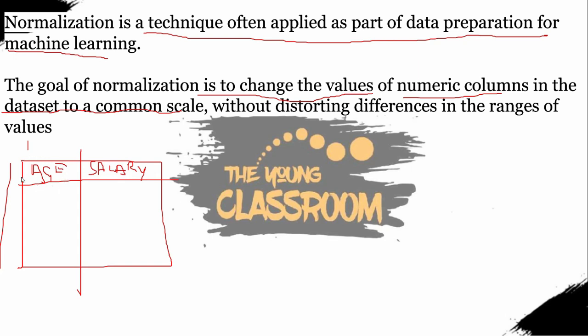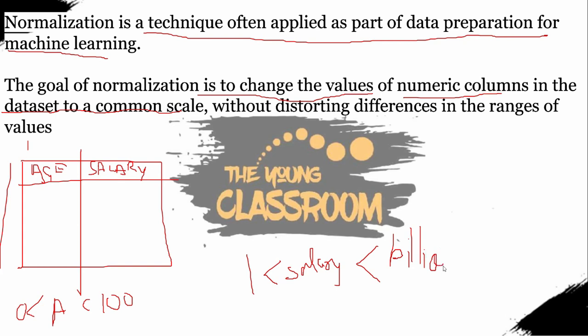So your age is generally in the range between 0 to 100. Your salary is of the range from perhaps 1 rupee, a very arbitrary salary, to somewhere in billions, considering billionaires and so on. Okay, so your salary has this scaling.